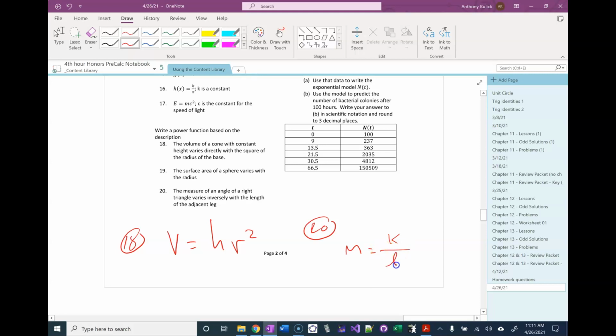Dividing. So L for leg. Because it varies directly, it's multiplication. If it's inversely, it's division. That's the gist of it. And this is still a power function, right? Because this is y equals k times L to the negative 1. Yep, and you could write it that way if you wanted to also.